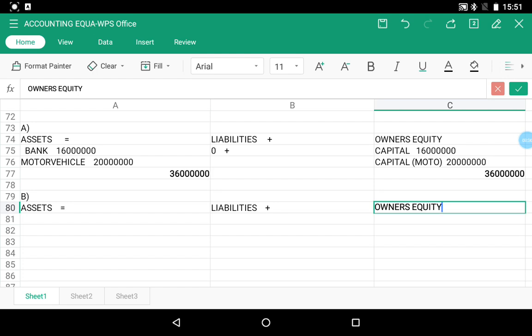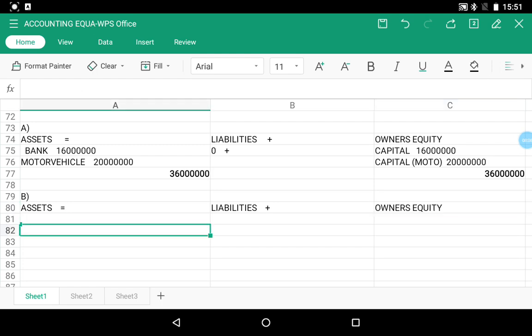That means this guy was dealing in iron sheets. So here we are going to have our motor vehicle, 20 million.